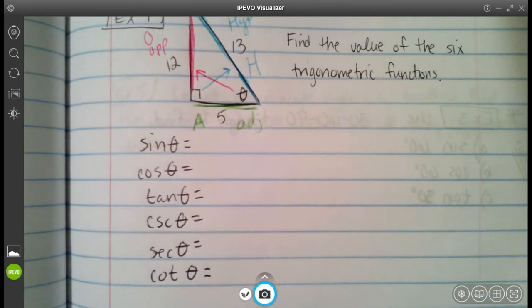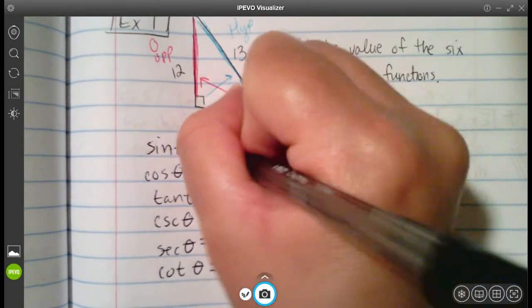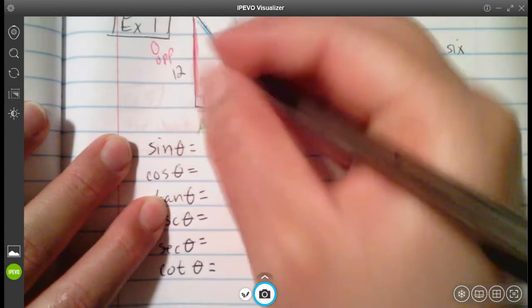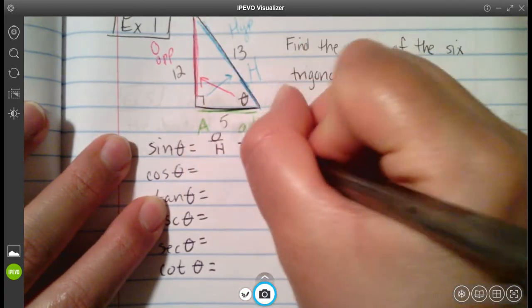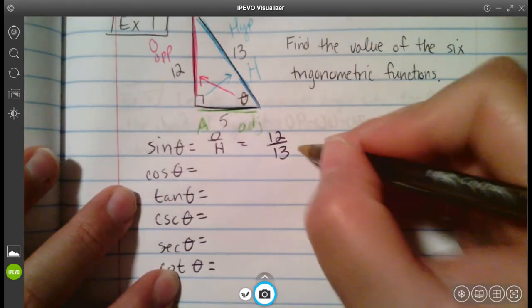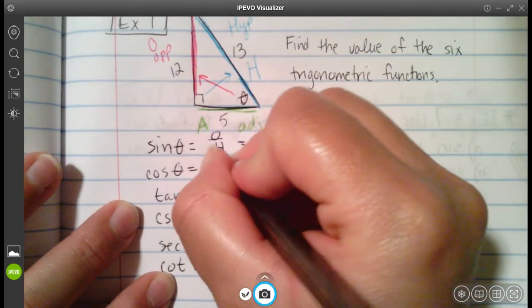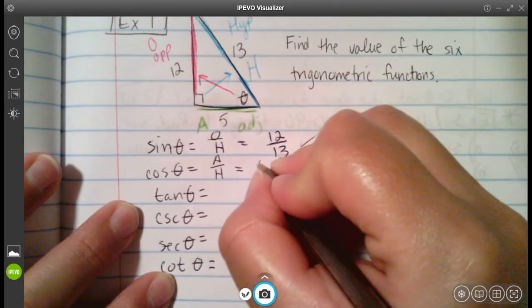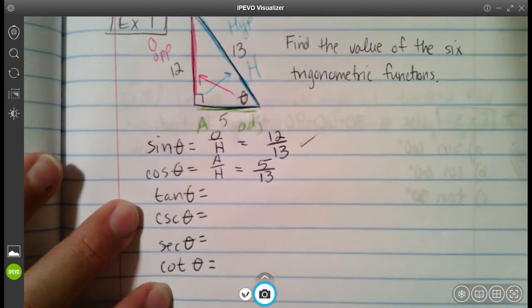Okay, and we're just going to use what we know about SOHCAHTOA. Sine is O over H, opposite over hypotenuse, so that's 12 over 13. That's it. Cosine is A over H, so we're looking at the adjacent, 5 over 13.